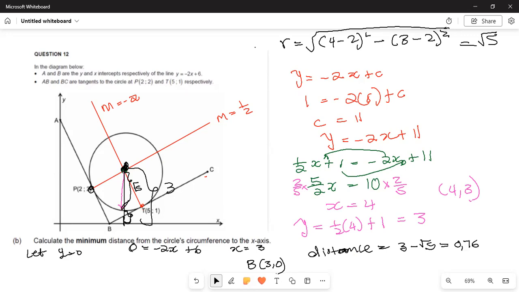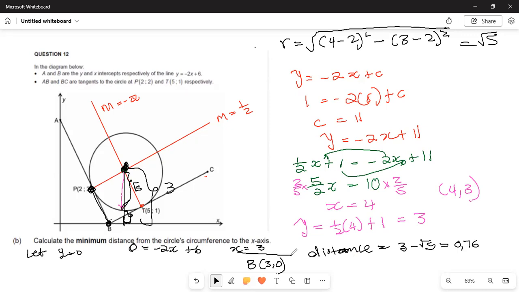They're saying that if you made the assumption that the minimum distance will exist between that point and that point, and you calculated the distance formula, they would give you some marks. Still using the distance formula between that and that, they will give you some marks for that, because it is a point on the circumference to your x-axis.